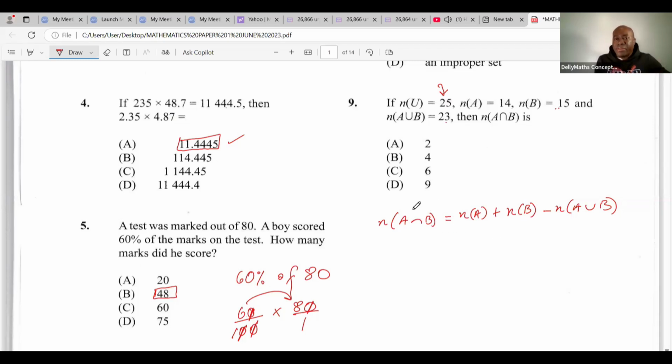We are asked to find this, so let us substitute what we have. A is 14, B we got 15, and then the union is 23. We're subtracting that. So we're talking about 29 minus 23, and this result is actually 6. So we're looking at 6 right here in terms of the number of elements that are intersecting A and B, in both sets.